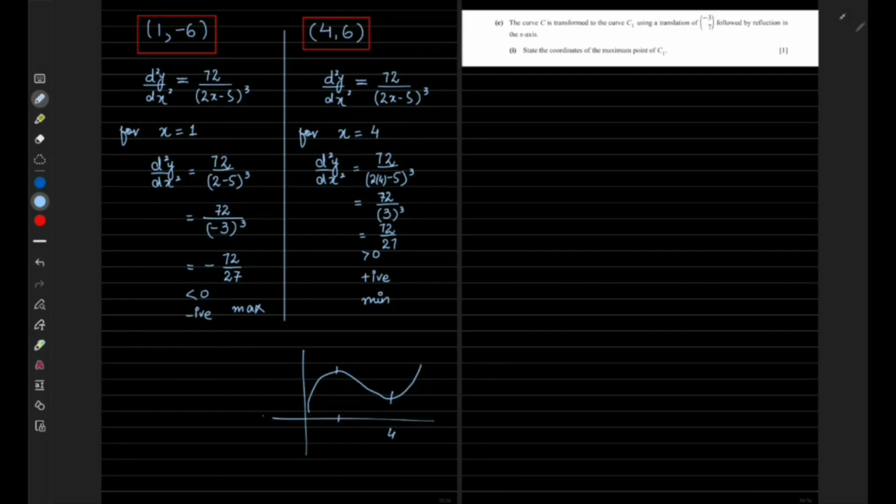So the maximum coordinates are at maxima, maxima is at 1 comma minus 6.